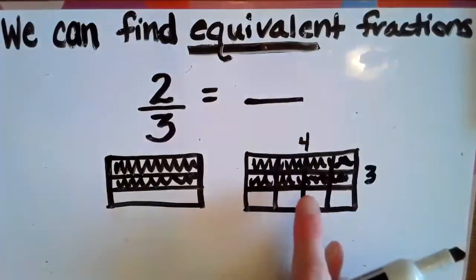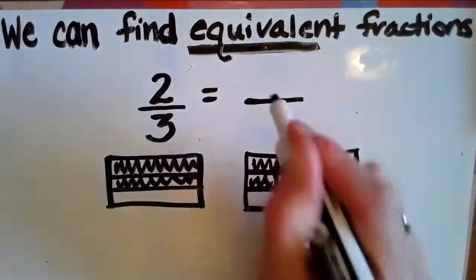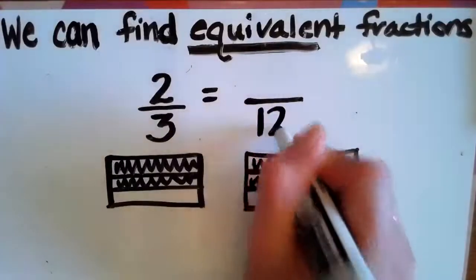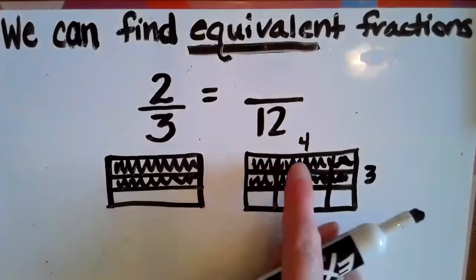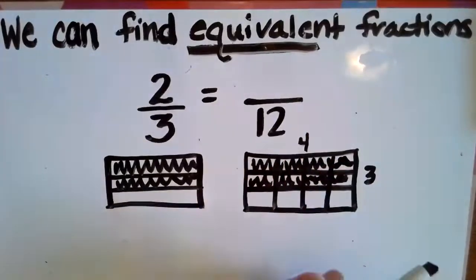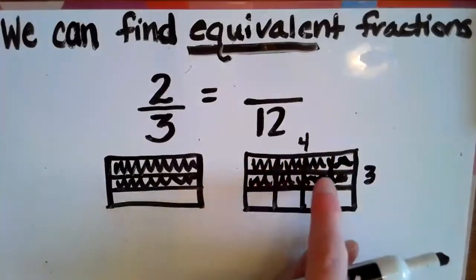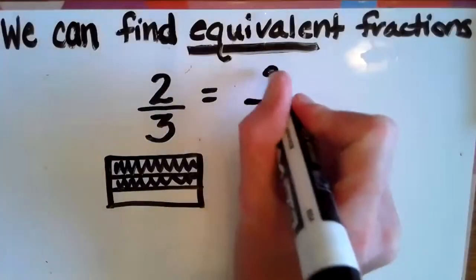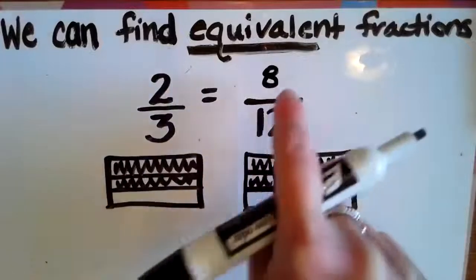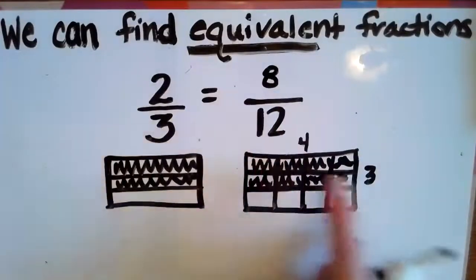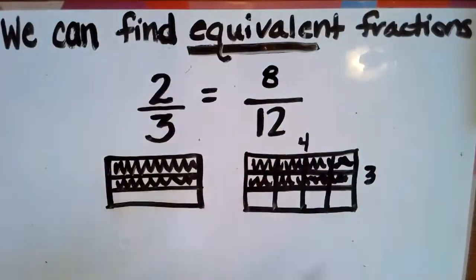Let's see. I know there's 12 total parts. That's my denominator. How many units did I end up coloring in? 1, 2, 3, 4 12ths, 5, 6, 7, 8 12ths. We just found that 2/3 is equivalent to 8/12. Our models support that. They are equivalent.